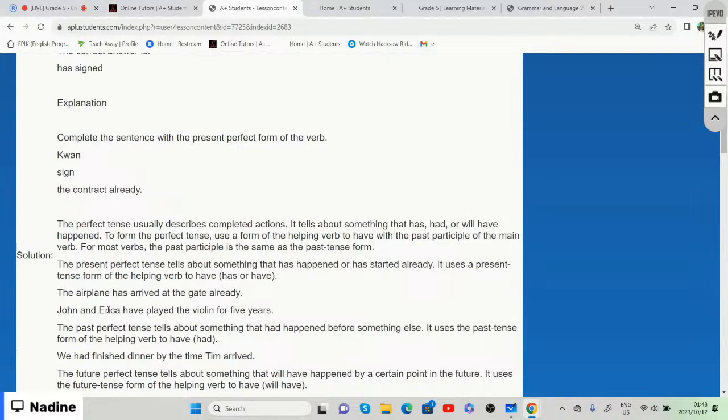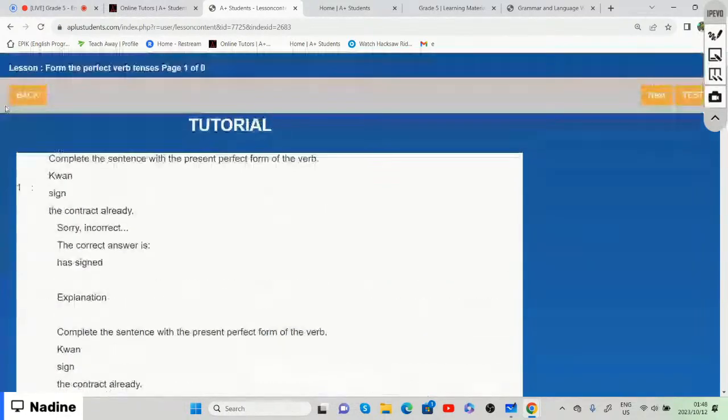For most verbs, the past participle is the same as the past tense form. We went over the present perfect tense, the past perfect tense, and the future perfect tense. With the present perfect tense, we use the helping verb has or have. The past perfect tense, we use had. And the future perfect tense, we use will have to complete our action.